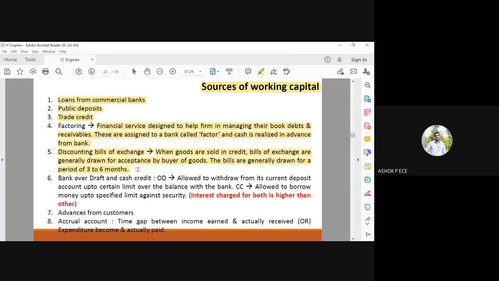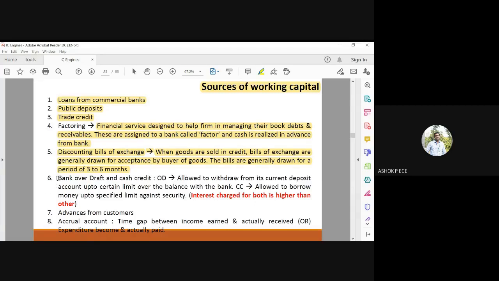Because the goods are sold on credit, you will not get the money immediately. You will get the money only 3 to 6 months after the goods are sold. So you have to discount those bills of exchange, because they are not actually contributing money, as you don't have the money in hand after selling your goods.